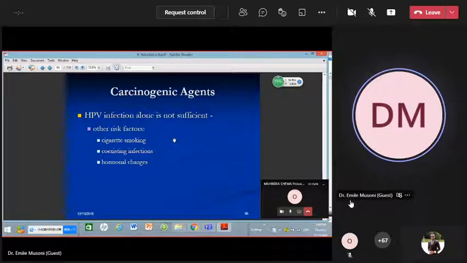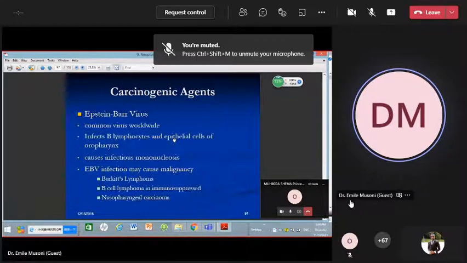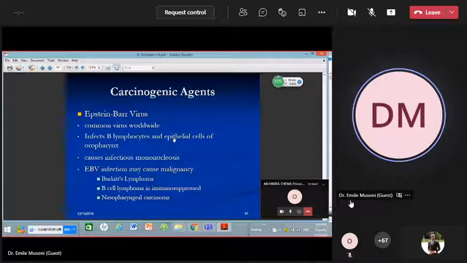There are some other risks like cigarette smoking, coexistence of infection, and hormonal changes. Epstein-Barr virus can cause infection of epithelial cells of the oropharynx. It is also found in the case of infectious mononucleosis.